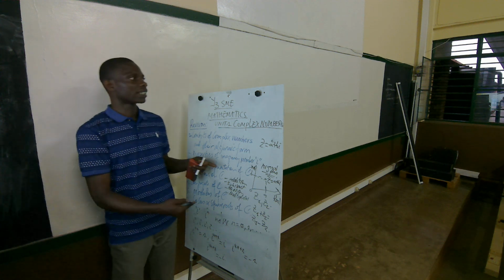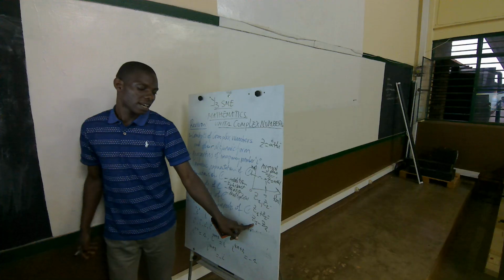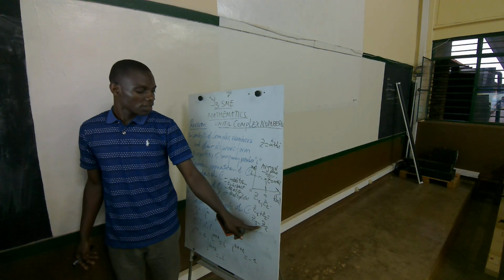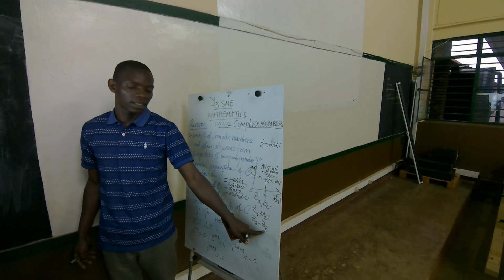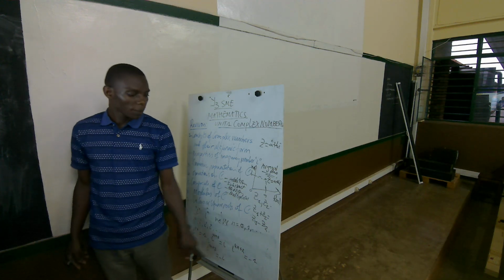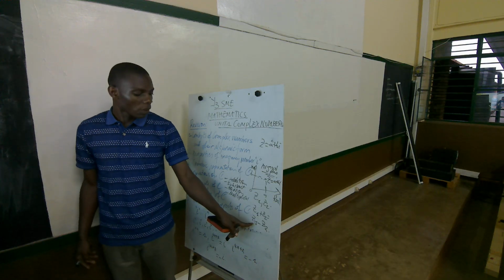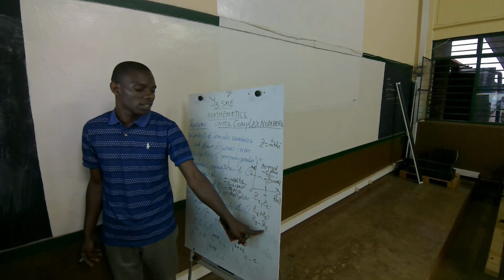We subtract accordingly. We take the imaginary part of this one and subtract the imaginary part of the other complex number z2, and also subtract the real part of this one with the real part of z2.